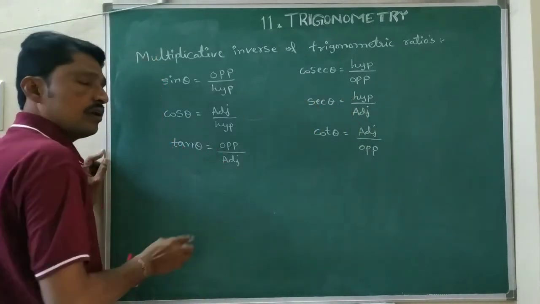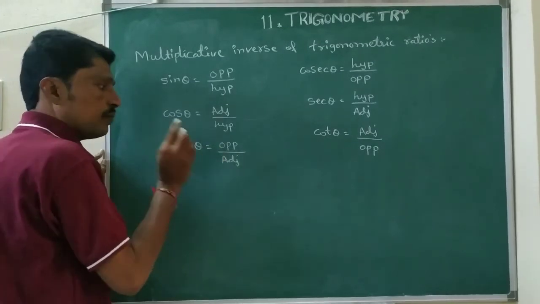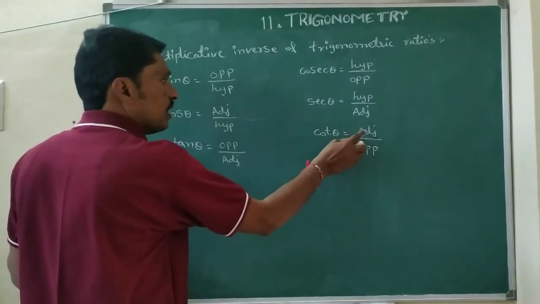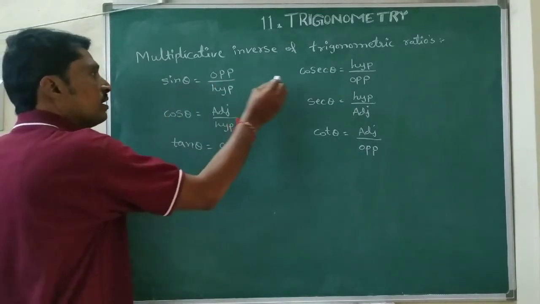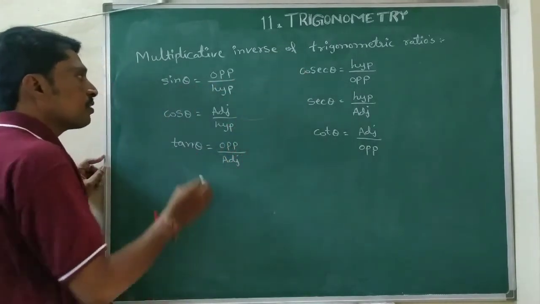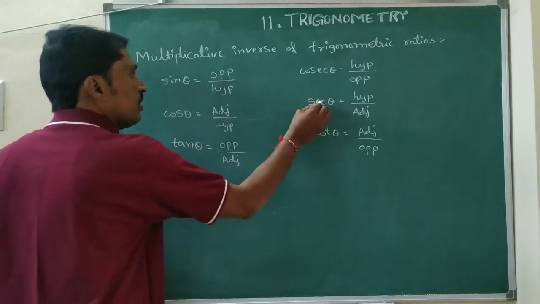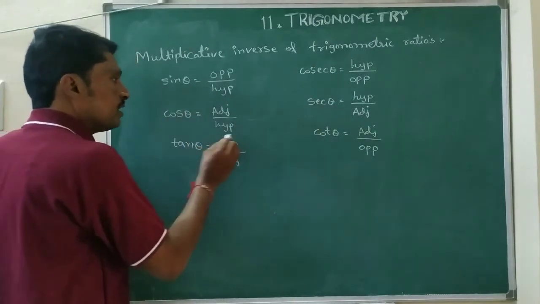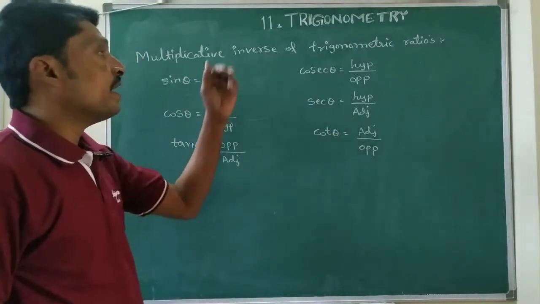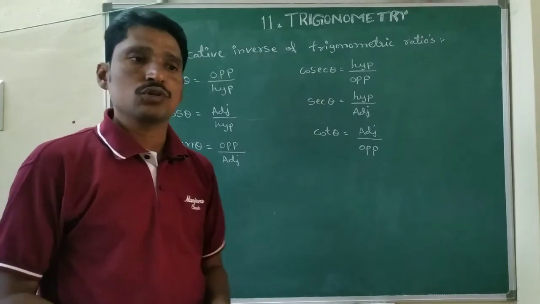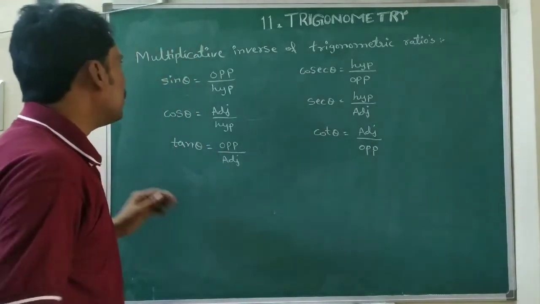Tan theta equals opposite by adjacent. Cot theta equals adjacent by opposite. Means here sin theta and cosec theta, cos theta and sec theta, tan theta and cot theta are multiplicative inverses of trigonometric ratios.